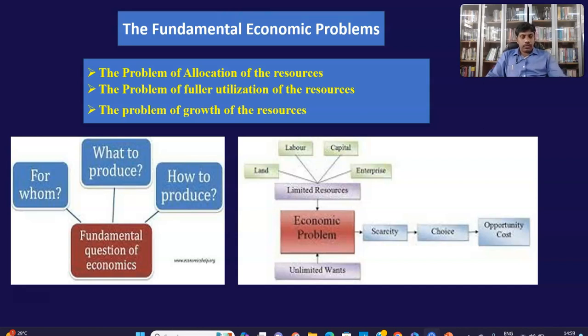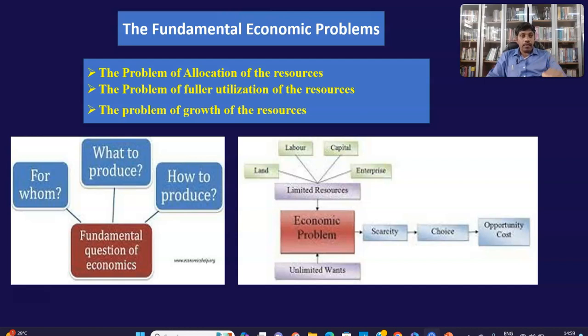In case of resources such as coal, petroleum, gas, we cannot make them grow. But in case of other resources such as capital and human resources, if we use them effectively, we could see some growth in them. So this is the problem of growth of the resources.